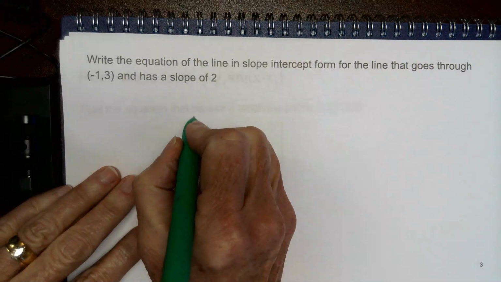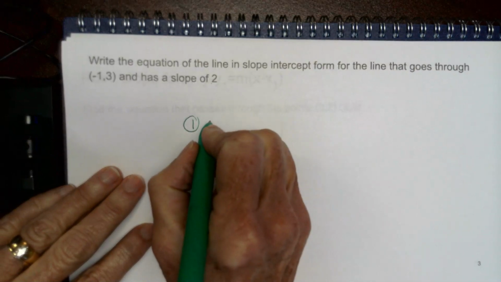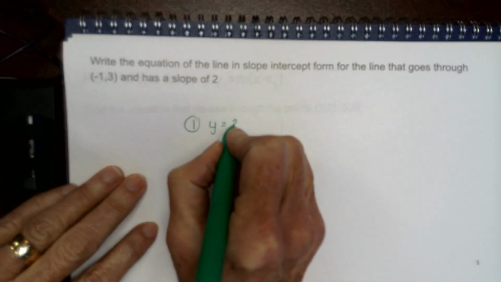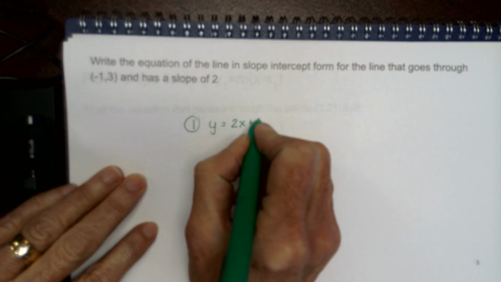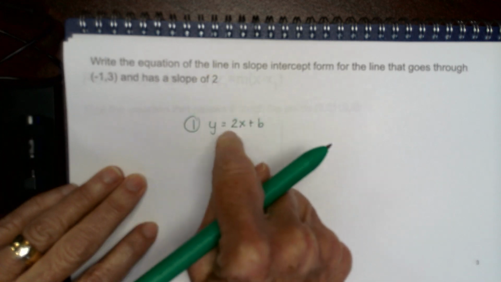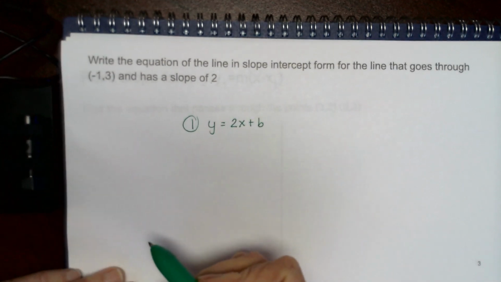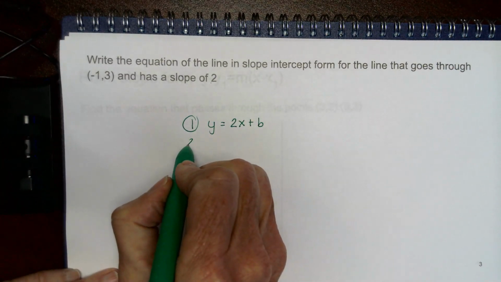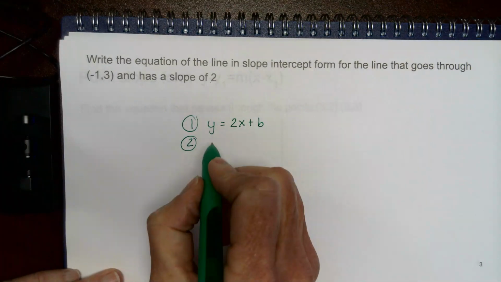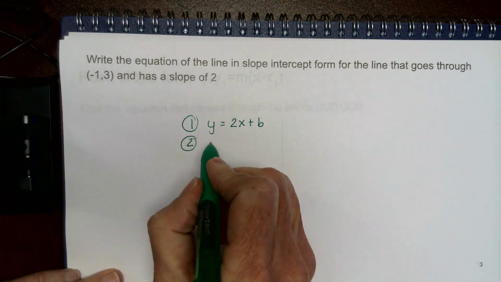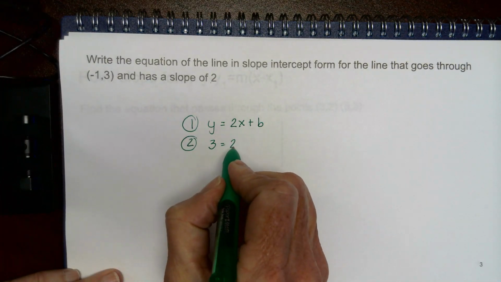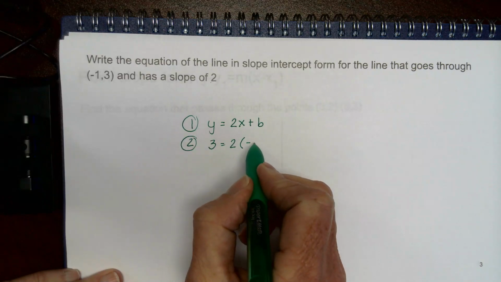The first step is I'm going to put the slope in. y is equal to 2x plus b, so I put the slope in for the m. The second step, I'm going to put in the y and the x. The y value is 3. The x value is -1.